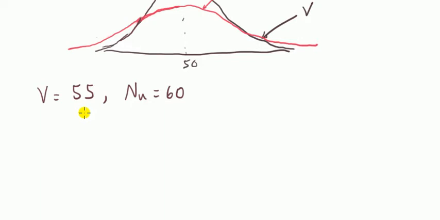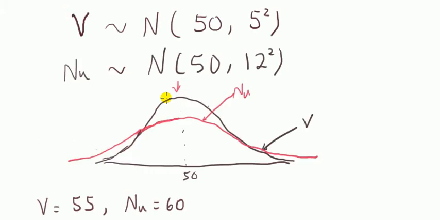Now say I scored 55 for the verbal and 60 for the numerical. The mean for the verbal is 50, I've scored 55, so I've scored above average. The mean for the numerical for the whole year group was 50 as well, and I've scored 60, so again I've scored above average.